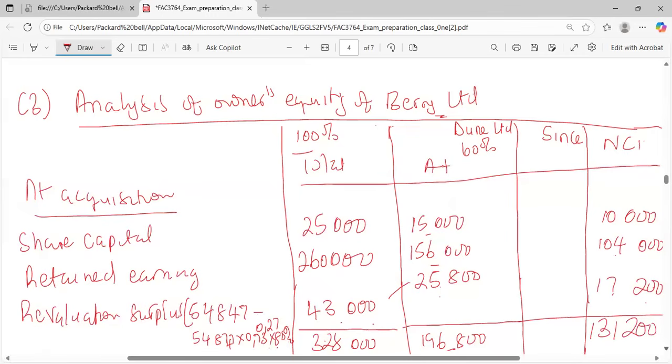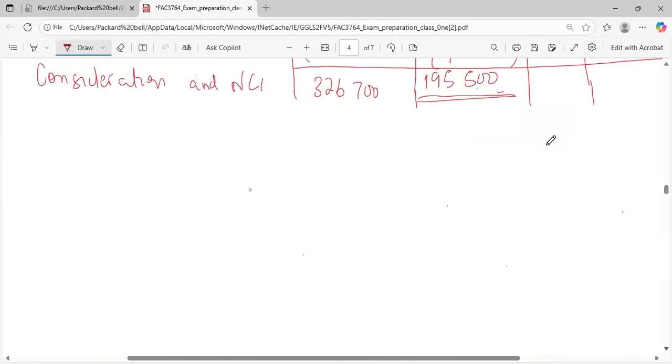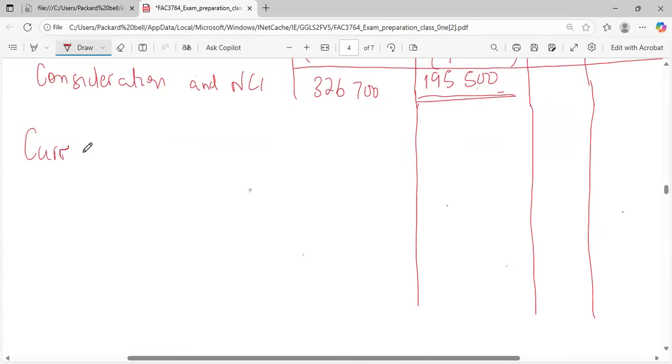Remember, we say we don't have since acquisition column. So we are now going to what happened during the current year. So in the current year, you always look for profit for the year. In your profit for the year, you can now go to here.